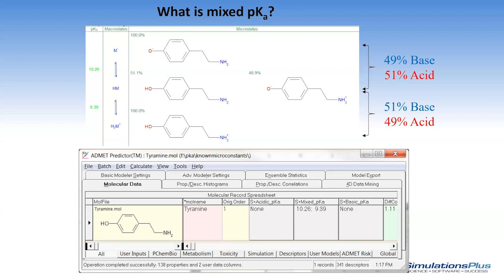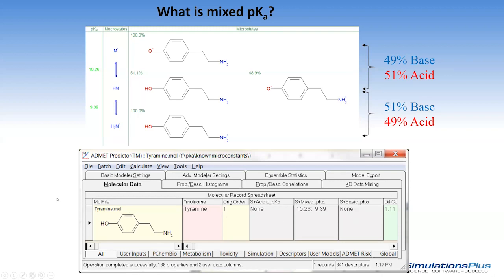If it's close to 0, like in this case, then we assign it as mixed. And we have a hard limit of plus and minus 0.15. In this bracket, we have mixed cases, and outside the bracket, we have acidic or basic.